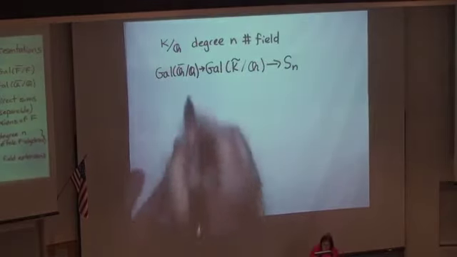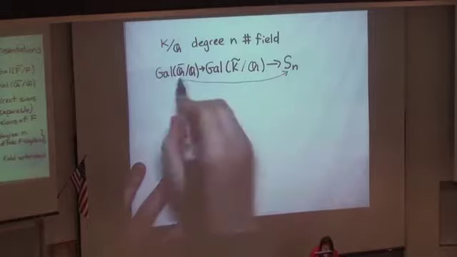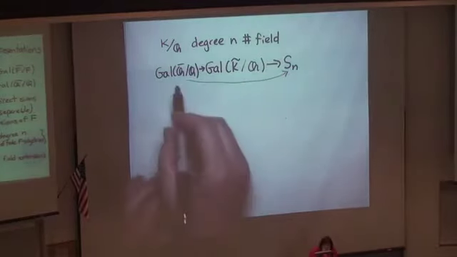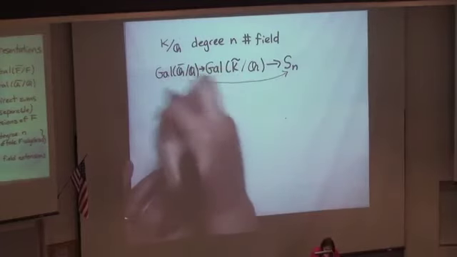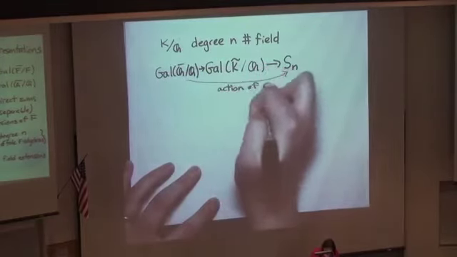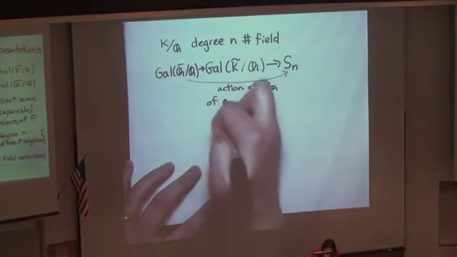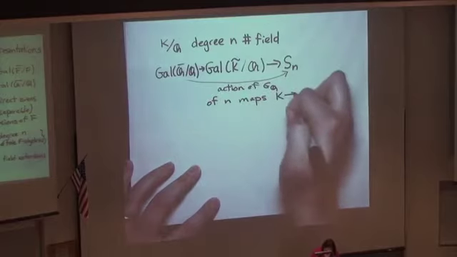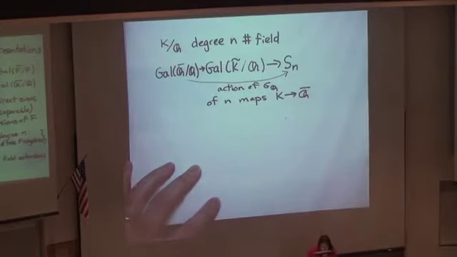So this composite map is just given by the action of G_Q on the n maps from K into Q bar.